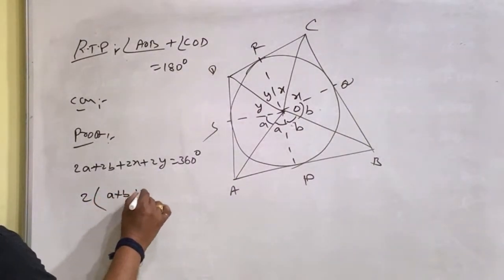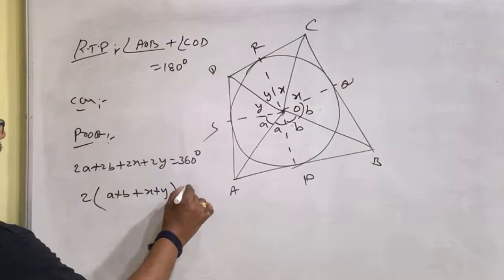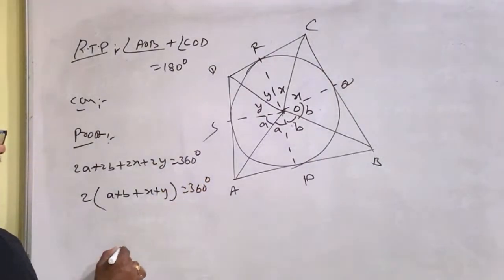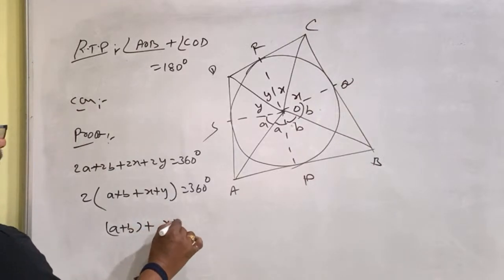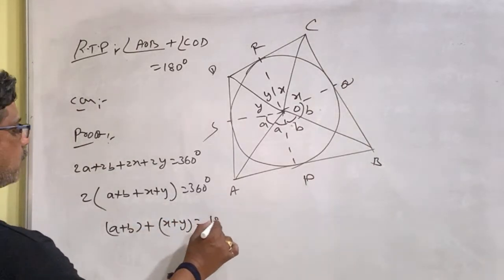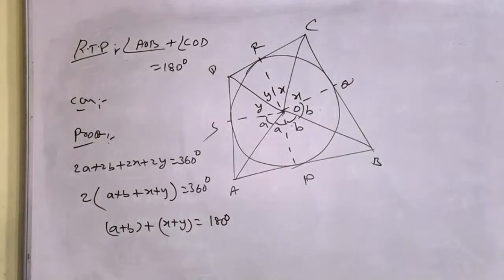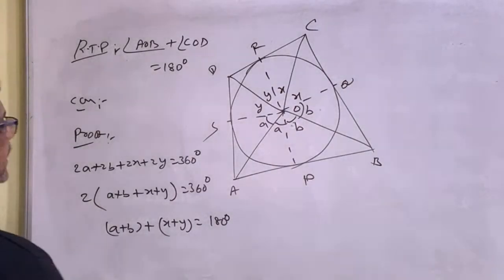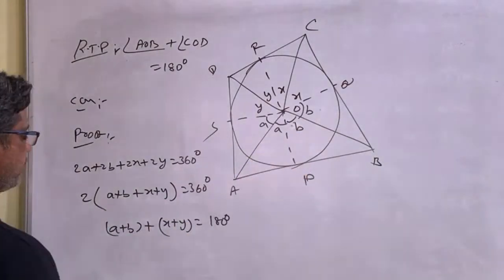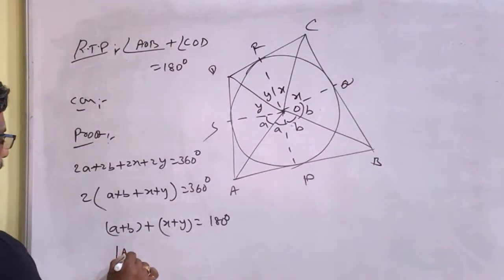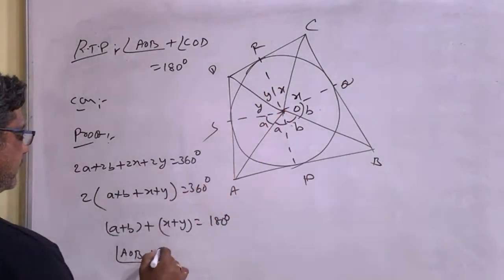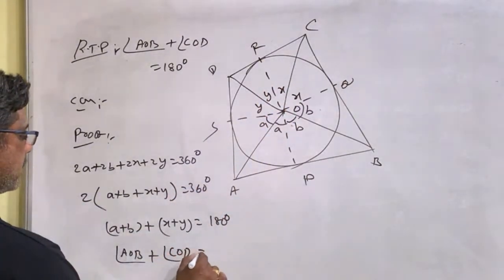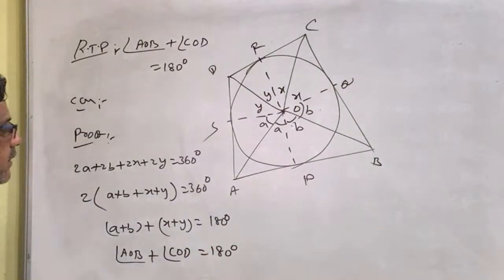A plus B plus x plus y is equal to 180. What is A plus B? Angle AOB. Plus what is x plus y? It is COD. Is 180 degrees.